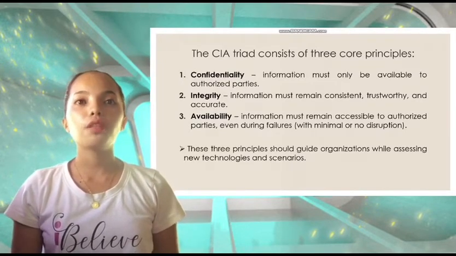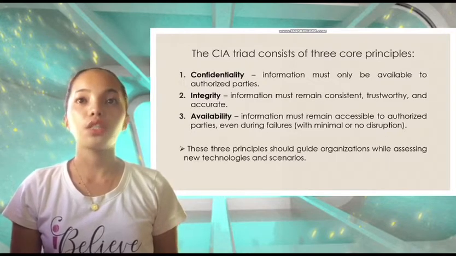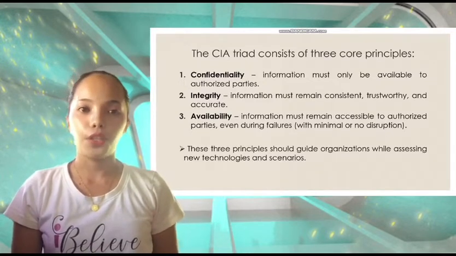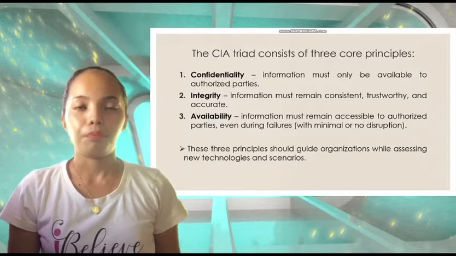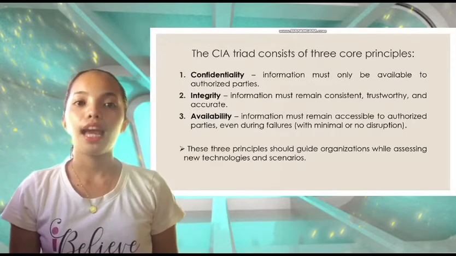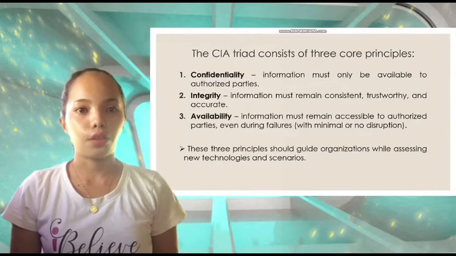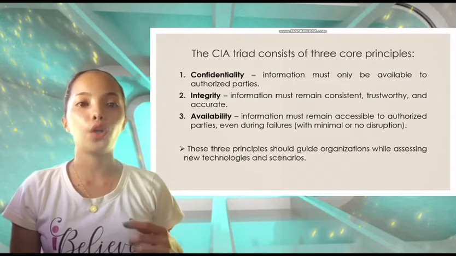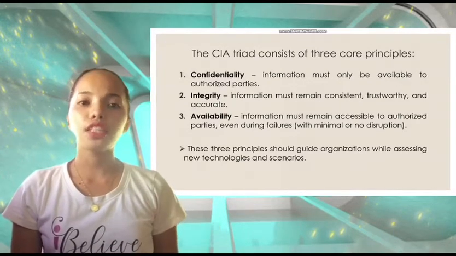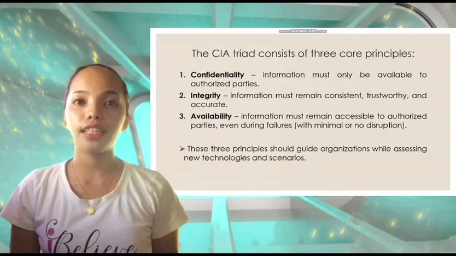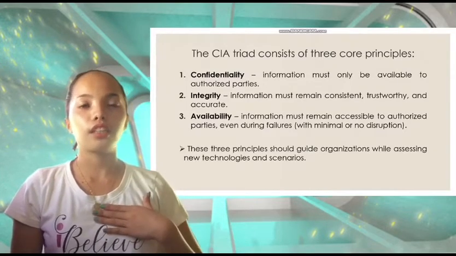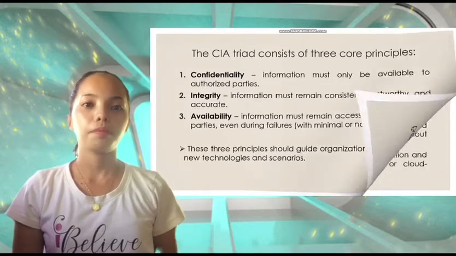The information must remain consistent, trustworthy, and accurate. Third, availability. The information must remain accessible to authorized parties, even during failures, or with minimal or no disruption. These 3 principles should guide organizations while assessing new technologies and scenarios.